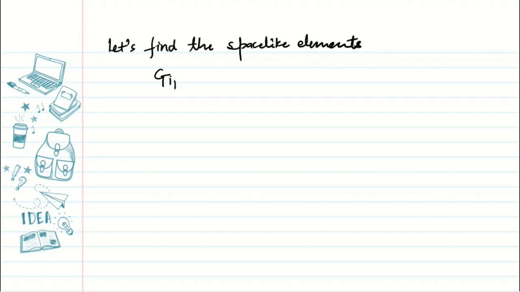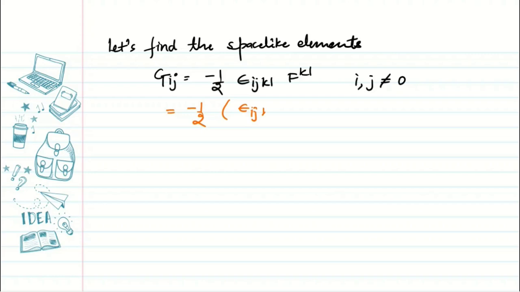So Gij is equal to minus half epsilon ijkl Fkl, where i and j are not equal to 0. So let's sum up the possibilities: epsilon ijk0 Fk0 plus epsilon ij0k F0k. These are the two possibilities where k is not equal to i and j.